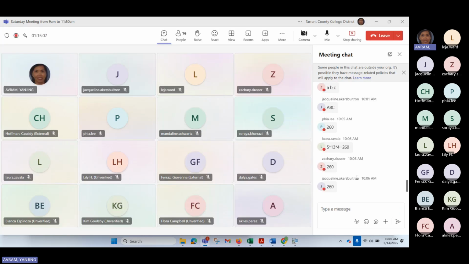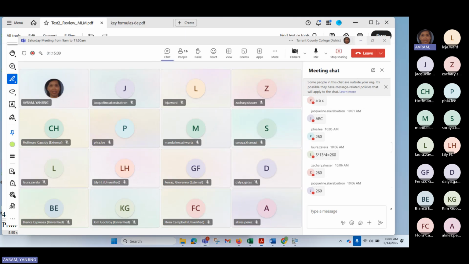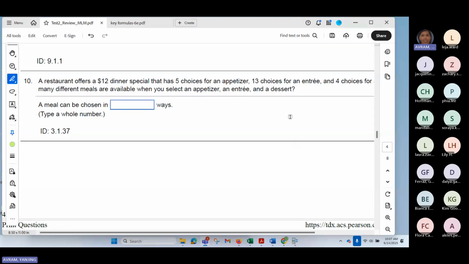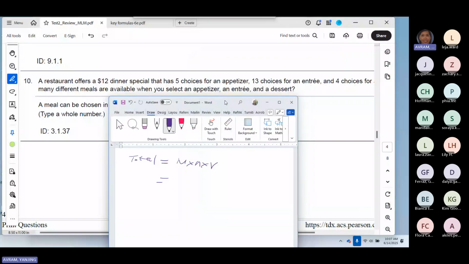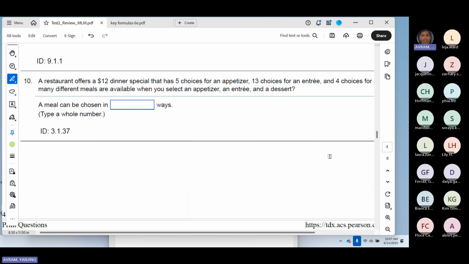All right, 260, 260. Okay, very good. Those are the correct answers. You have a 3-course meal, so what do you do in here? You basically just find the total ways. We said earlier, you're using m times n times r, all of them multiplied together. So we have 5 choices of appetizers, so that's 5 times 13 times 4. That's 260. That's exactly right. All right, very good.